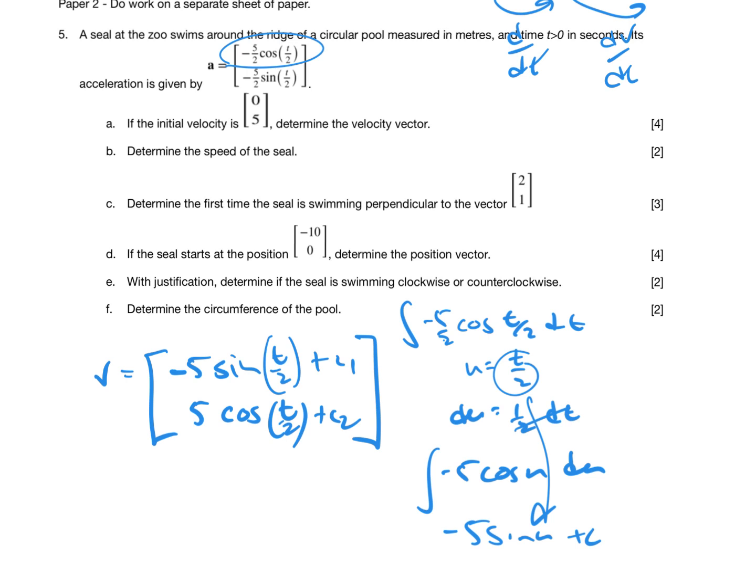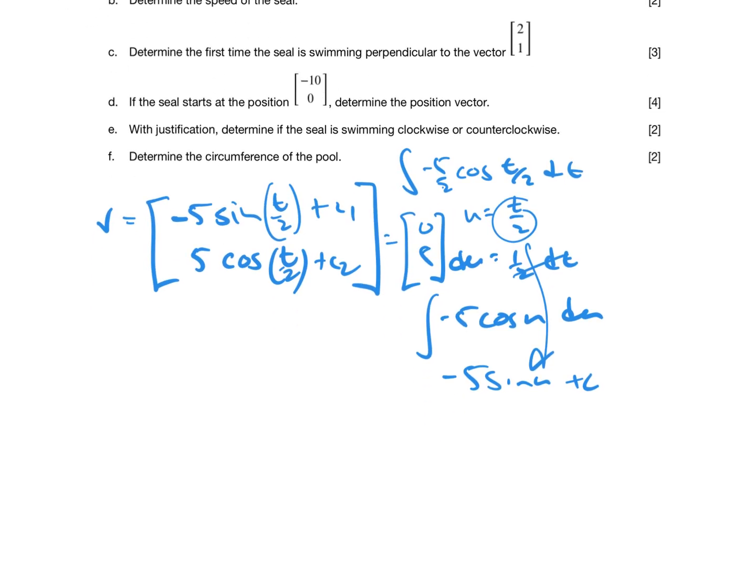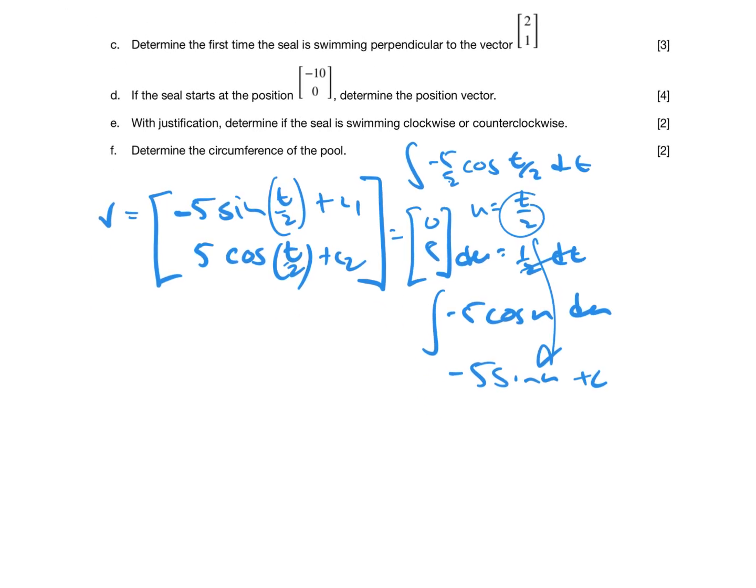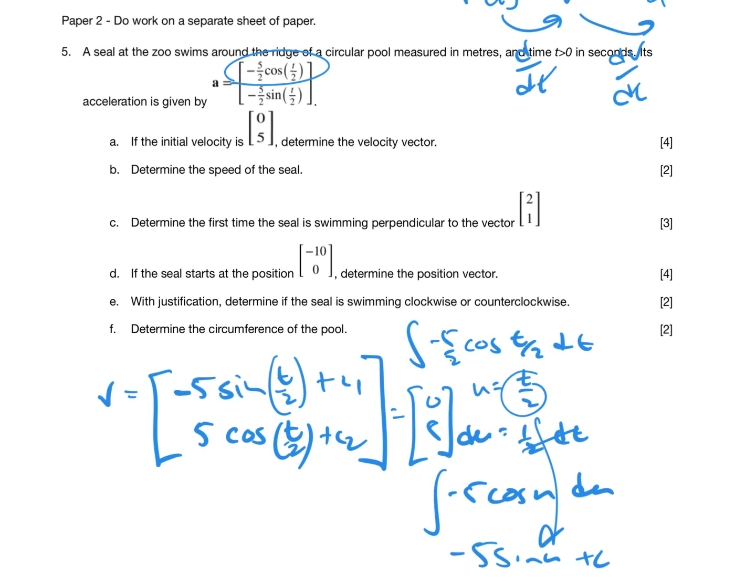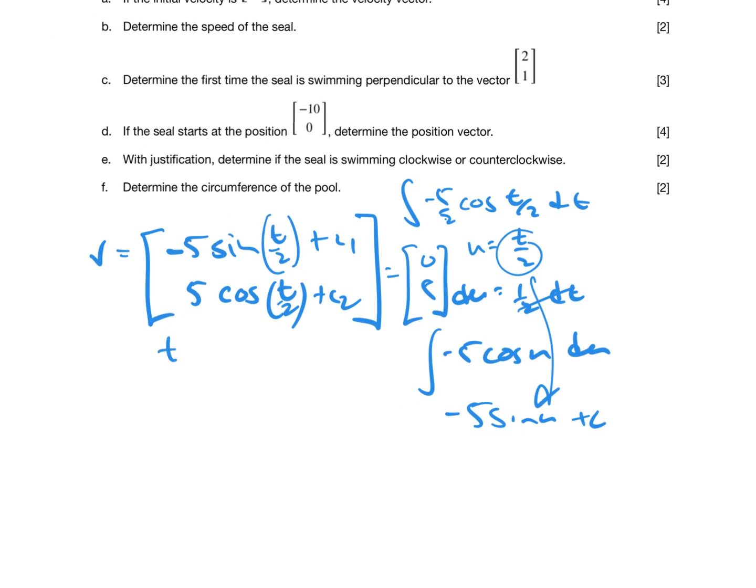Now, I know that this has to be 0.5 when t equals 0. So minus 5 sine of 0 plus c1 equals 0. Sine of 0 is 0, so c1 is 0.